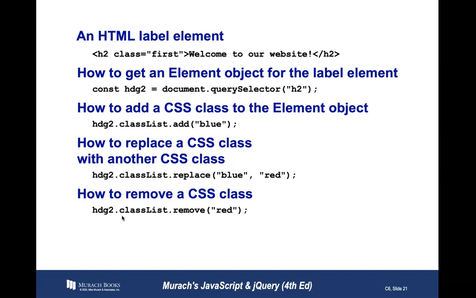Or we could replace a CSS class with another CSS class. If we replaced blue with red, we would get red. And then we can even remove red. So add, replace, and remove are all great ways to control not only CSS classes, but other elements, other attributes.